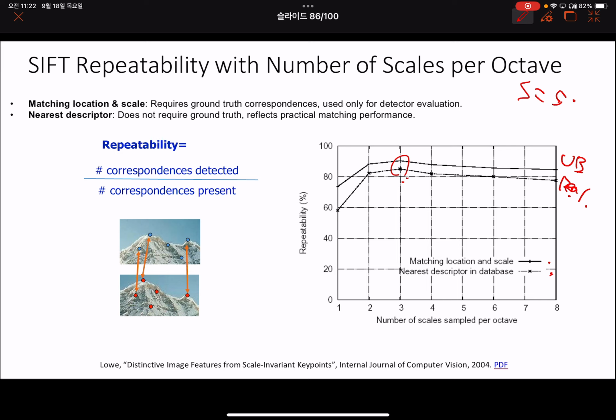In the example we saw in the previous slide, there's no big difference, but using 3 scales makes the performance a little better than using 5. The interesting thing is that if we increase the number of scales per octave more and more, the performance degrades. Maybe it is too redundant and too noisy if we have too many scales for each octave, so we need to find a good balance.